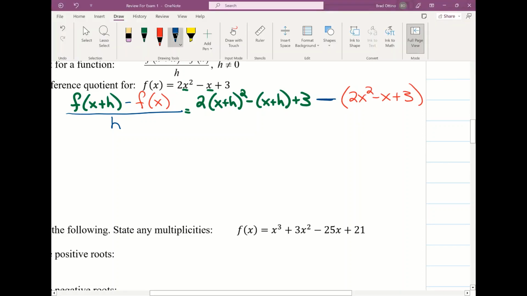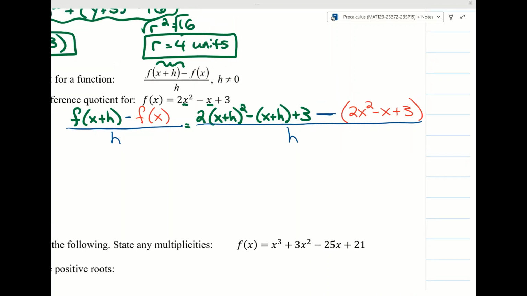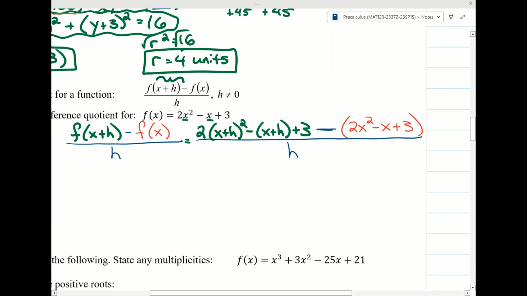Finally, I'm going to divide everything by h. That's how we set it up. One thing I just want to point out is if you don't use parentheses here, you're going to get it wrong, because then it looks like you're just subtracting 2x squared. You want to subtract the whole thing. Please remember to use parentheses on this.